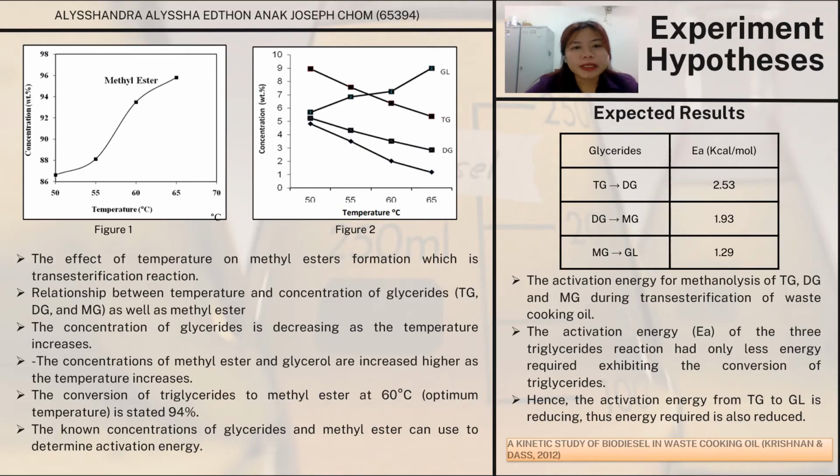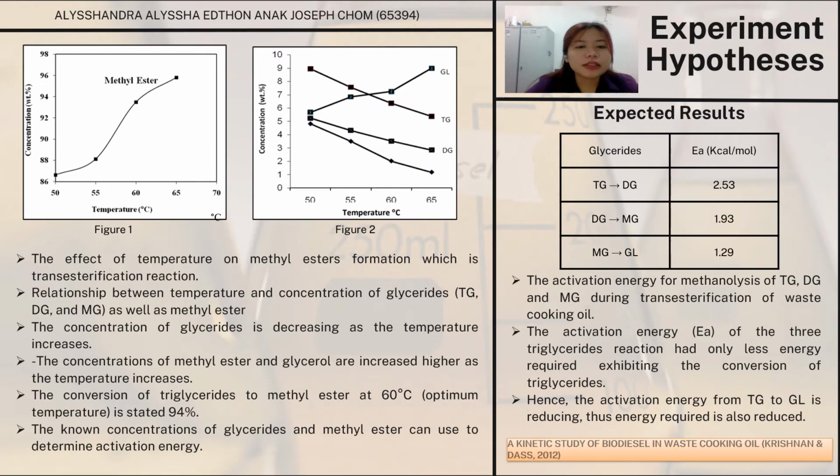Next is the experiment hypothesis, where I'm going to explain the expected result from this experiment. Based on the variables mentioned previously, the effect of temperature on methyl ester formation of waste cooking oil is carried out at various temperatures, such as 50, 55, 60, and 65 degrees Celsius. The relationship between the temperature and the concentration of glyceride (TG, DG, and MG) as well as methyl ester is shown in the figure on the left side respectively.